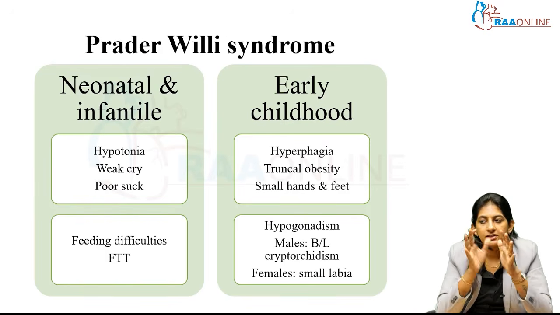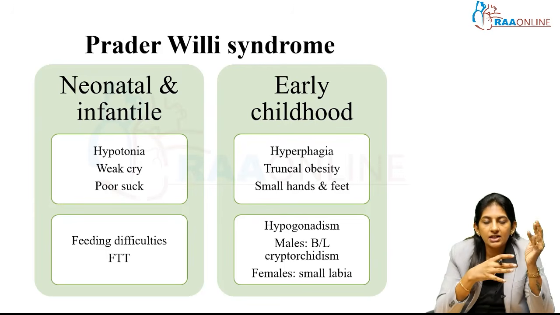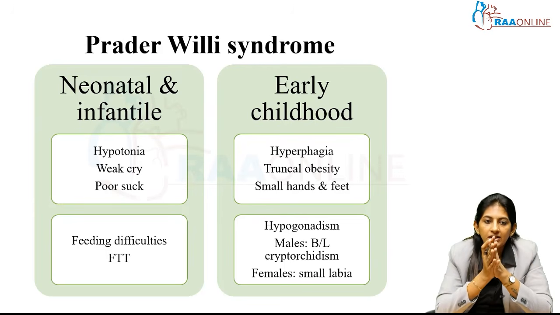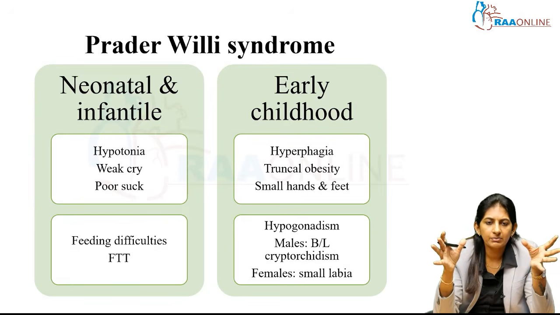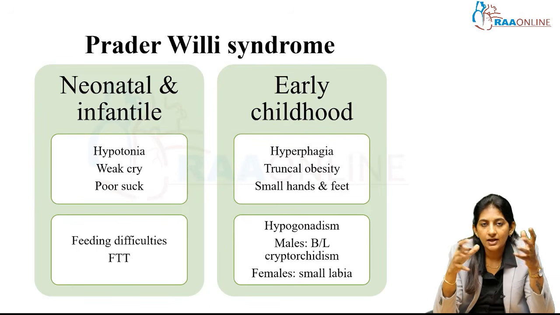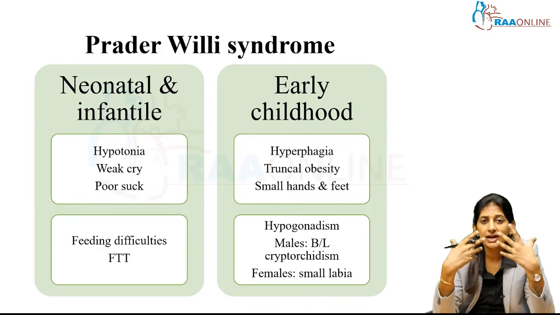So Prader Willi syndrome has a very unique feature because initially in the newborn and the infantile period, they are very, very weak babies. So hypotonic babies, weak cry, failure to thrive babies, they will have feeding difficulties. Once they enter into childhood, they will have hyperphagia.